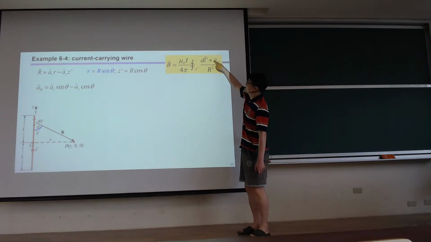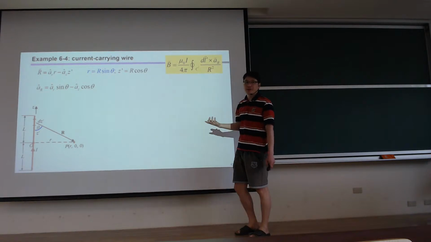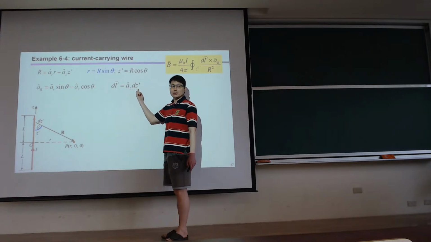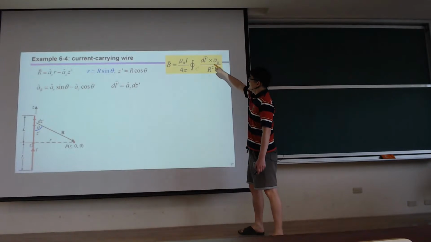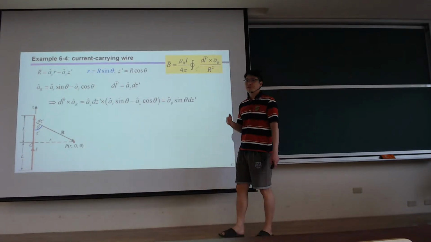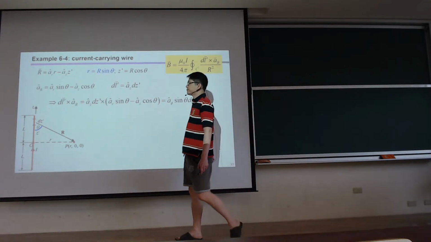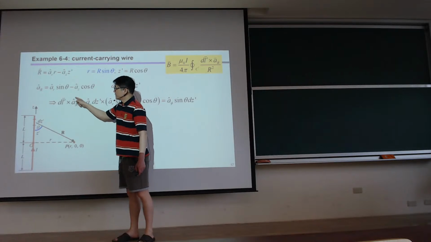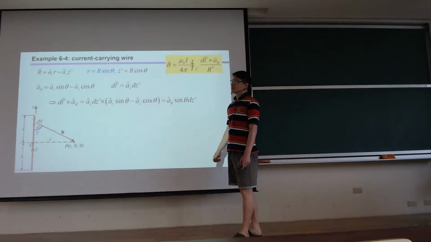So now we know this. We know this. Do we know dl prime, the differential length? Of course we do. It's in the z direction with a magnitude of dz prime. So now in the numerator, we can perform the cross product, dl prime cross my unit distance vector. I can just write it out.